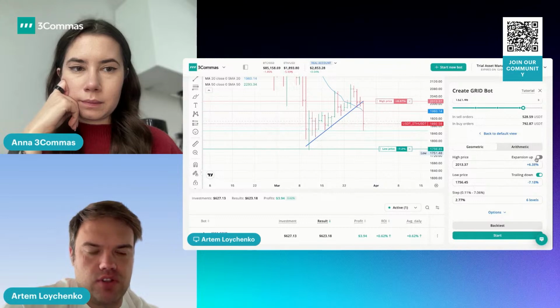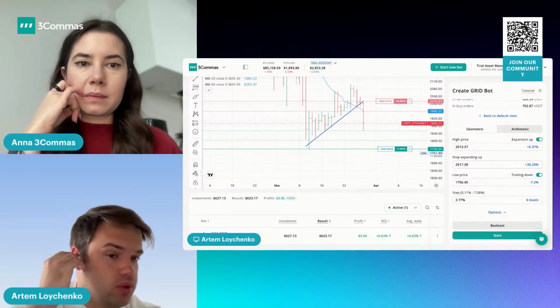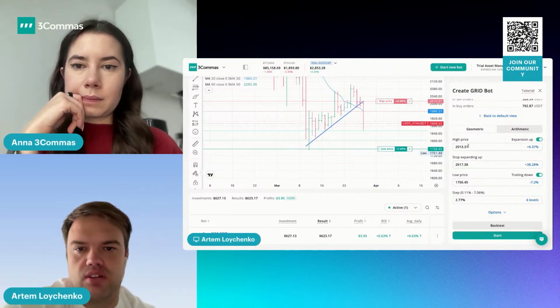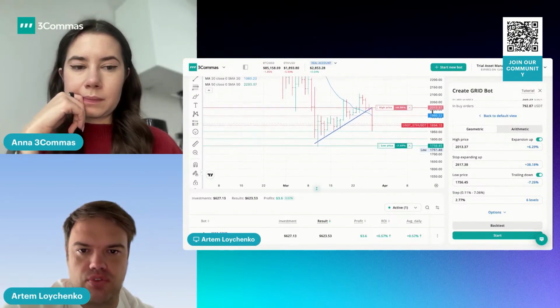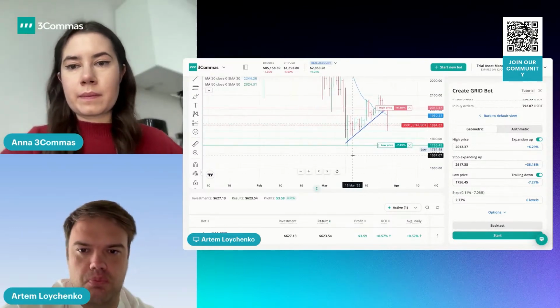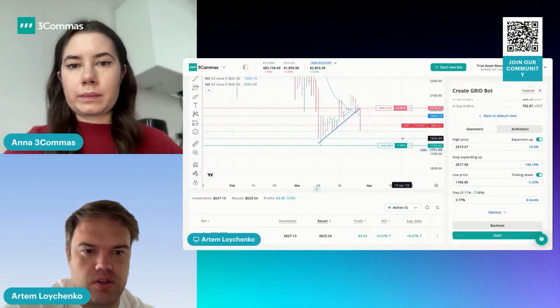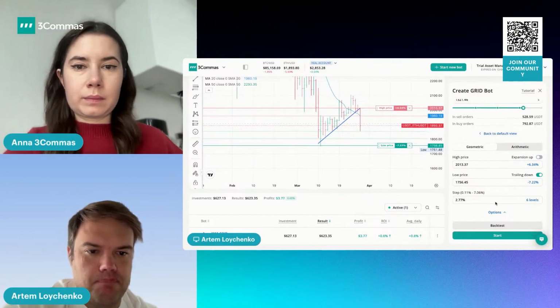Also, a very interesting and very requested feature, I would say, is expansion up and trailing down, meaning that if the market is pretty volatile and you are trading some non-liquid pairs, and the market might possibly move far above your predefined levels, I mean high price and low price, you want to scale automatically, and you can do it with expansion up.